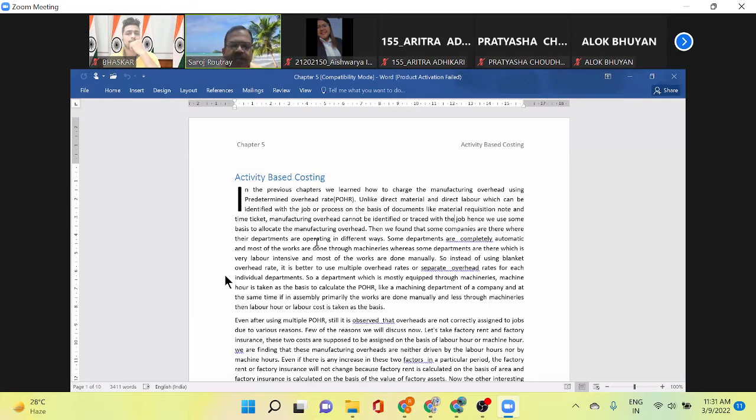But even then, after doing this, there is a chance that we may not get the actual or correct overhead cost for different jobs, and that is because of various reasons. One of the reasons I would like to tell you here is about when we calculate this POHR.